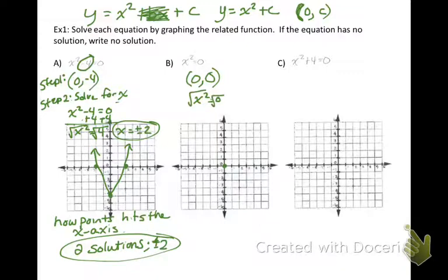Since it's a positive number in front of x squared, the parabola is going to go up. I'm not worried what it looks like. And then how many times does it hit the x-axis? There's one solution because it only hits it once. And that is 0.